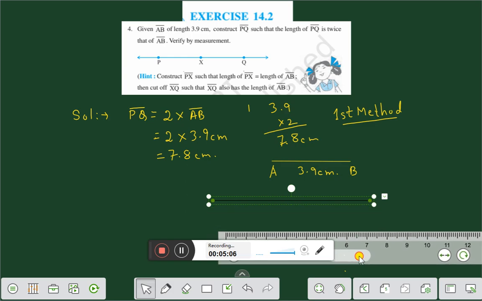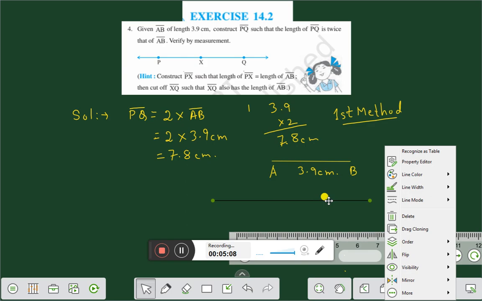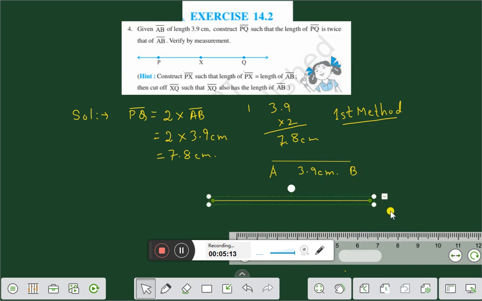Now change the color of this line to yellow. Now this is PQ, and the value of this line segment is 7.8 centimeter.